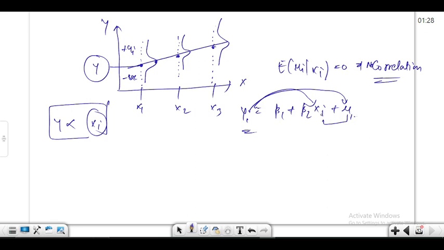So I'm not able to calculate the individual effect of xi upon yi, because xi itself is being affected by the ui values. Okay, so my purpose of this regression model is to estimate the impact of xi upon yi. And if these two terms are correlated, this individual effect will not be captured, and that is why we have made this assumption. This is your third assumption.